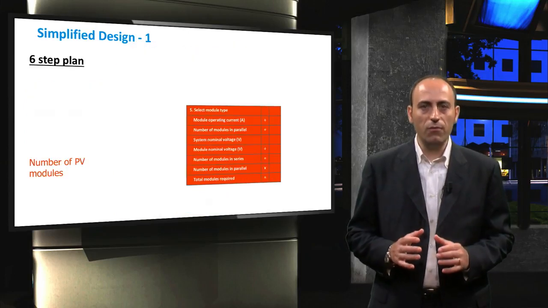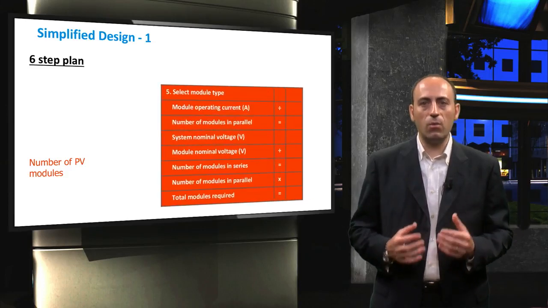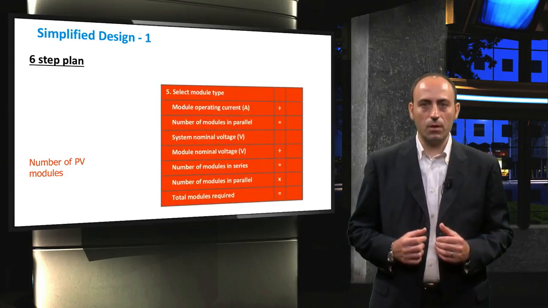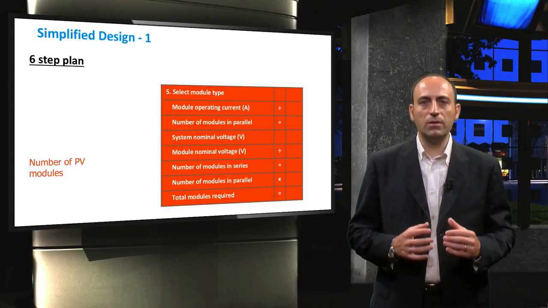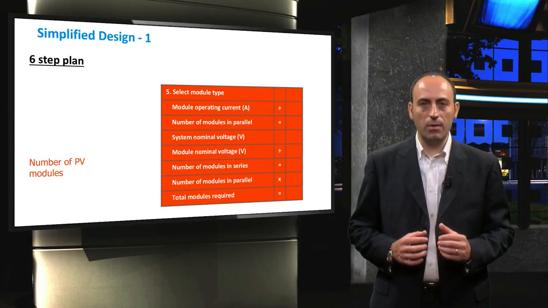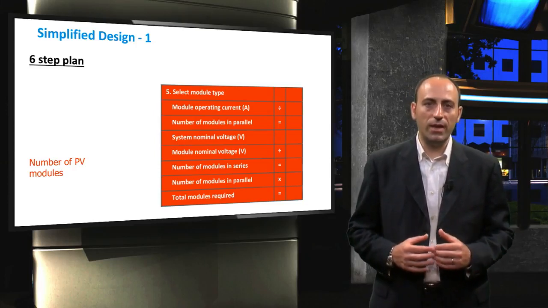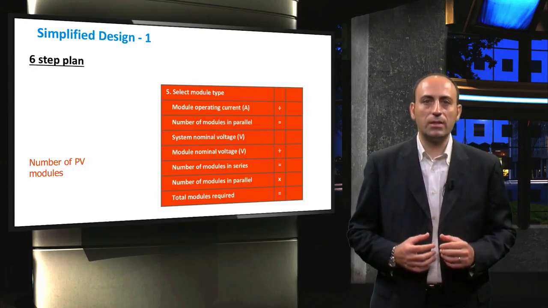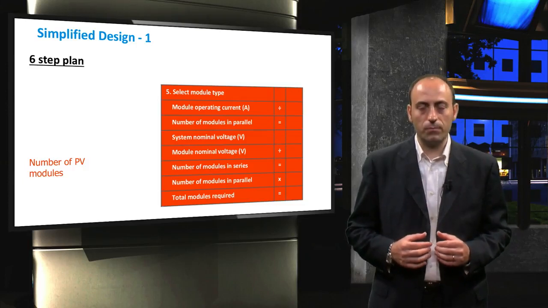In step 5, the PV system is sized by determining the required total number of modules. To find the size of the PV array, we first determine the number of modules connected in parallel. This is achieved by dividing the PV array current, determined in step 4, by the PV module's maximum power point current, found in the module's datasheet.